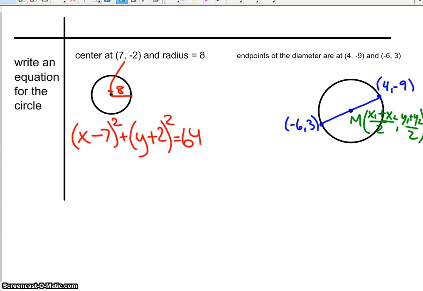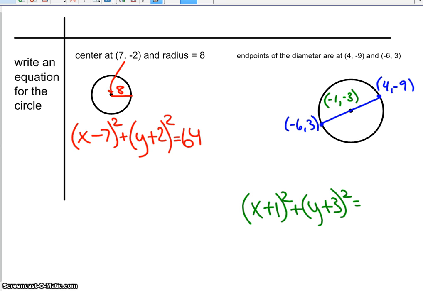So when I take the 4 and the negative 6, I get negative 2. Divided by 2 is negative 1. Negative 9 plus 3 is negative 6. Divided by 2. So now I have my center. So x minus the x piece, but again we're changing signs, y plus 3.